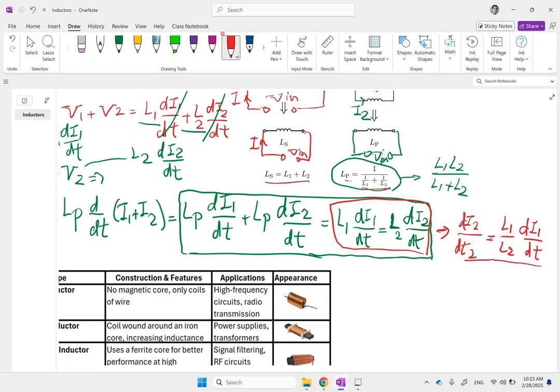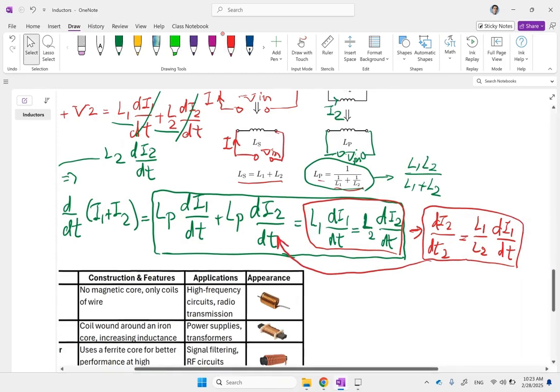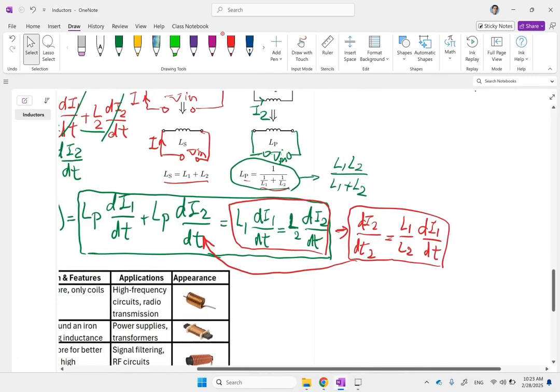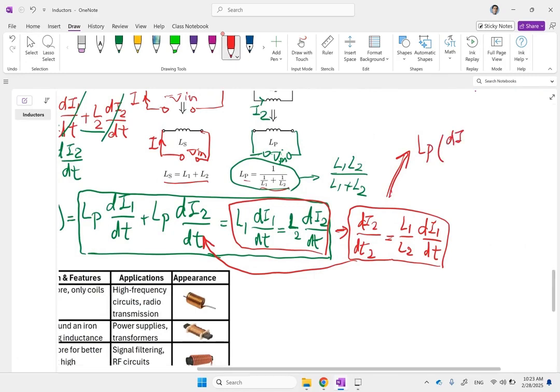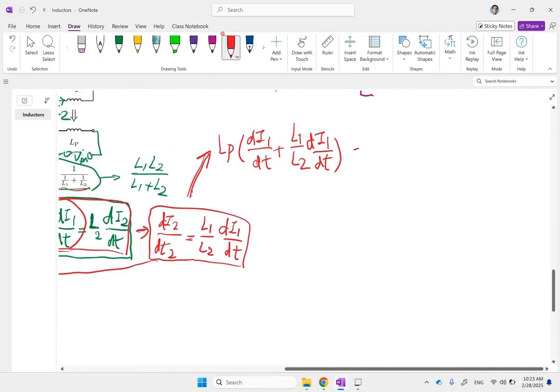So you can bring this result and plug it right here. Okay, if you do so, what would you get? You get LP times di1 over dt plus L1 over L2 di1 over dt, which is this side, is equal to L1 di1 over dt.